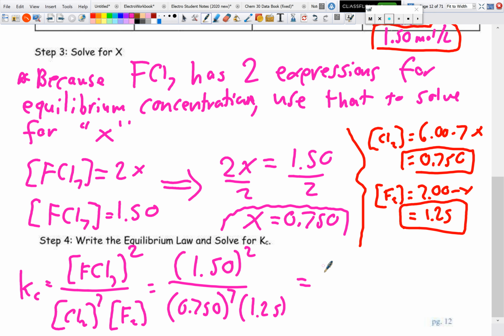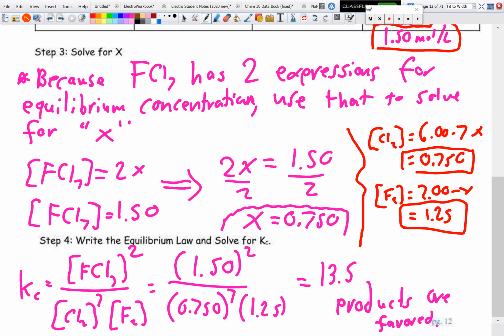And when we evaluate, we get a number of 13.5, which says products are favored. And that is how we can use our ICE tables to now evaluate equilibrium constants and kind of figure out some more complex reactions.